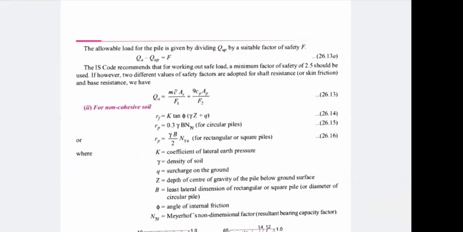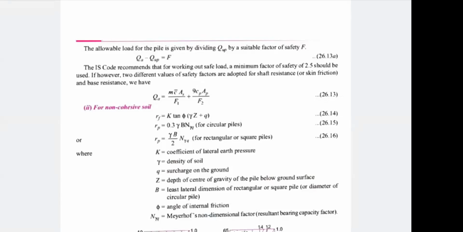The IS code recommends that to work out the safe load, a minimum factor of safety of 2.5 is used. And if two different values of safety factor are adopted for the shaft resistance, or you can say the skin friction, and the base resistance, we can use the formula Q_A equals α C̄ A_S upon F1 plus 9 C_P A_P upon F2.